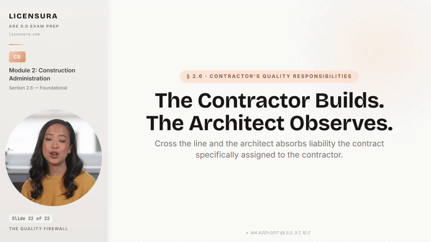Most architects have heard the rule that means and methods belong to the contractor. And yet, under field pressure, architects cross that line every week. The reason matters. Under AIA A201, Sections 3.3, 3.7, and 10.2, the contractor is solely responsible for construction means, methods, techniques, sequences, procedures, and safety precautions and programs.